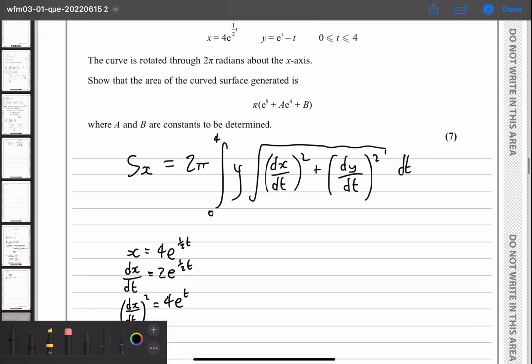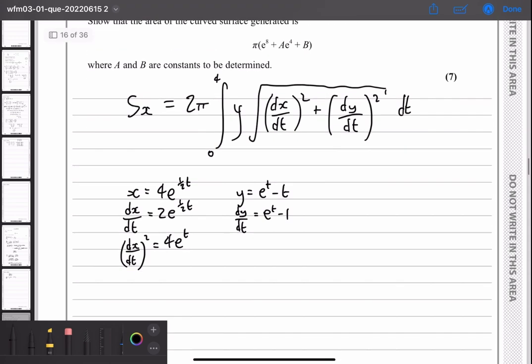Same thing with y. We need to differentiate and square it.